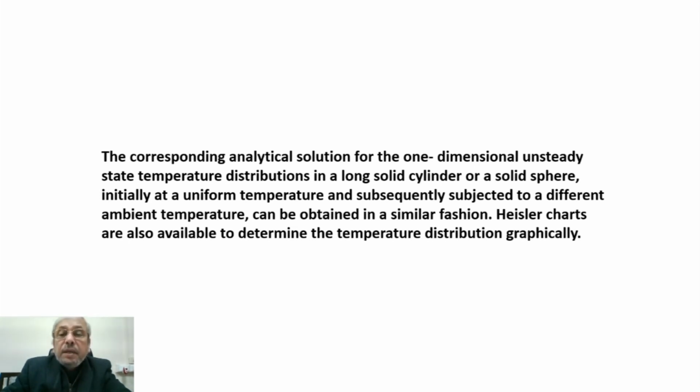So what we did for the infinite slab can be extended to a long solid cylinder or a solid sphere through a similar mathematical analysis. And Heisler charts are also available to determine the temperature distribution on those geometries graphically.